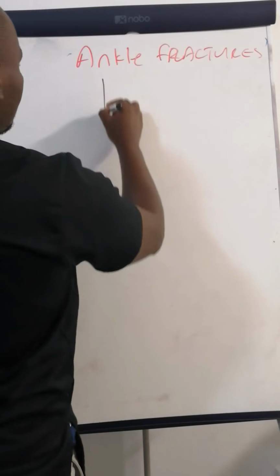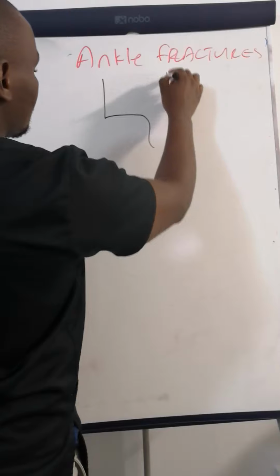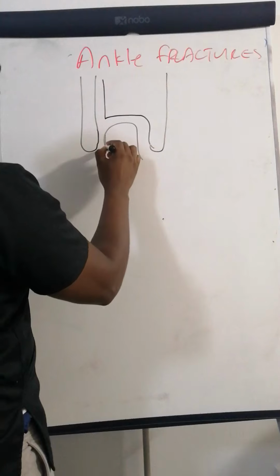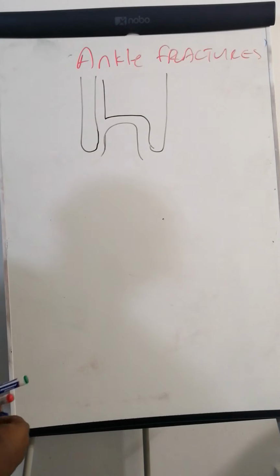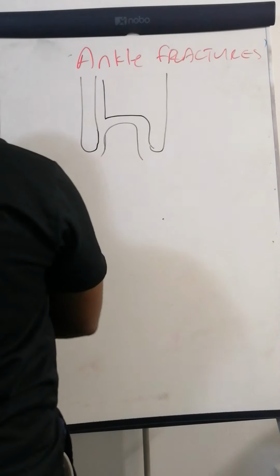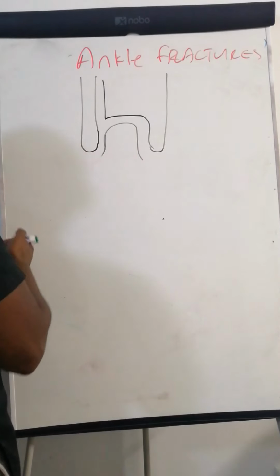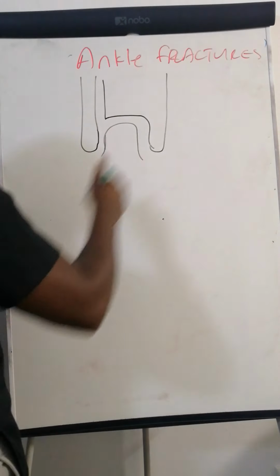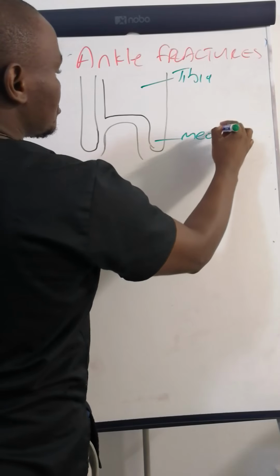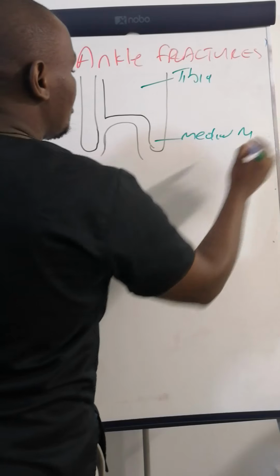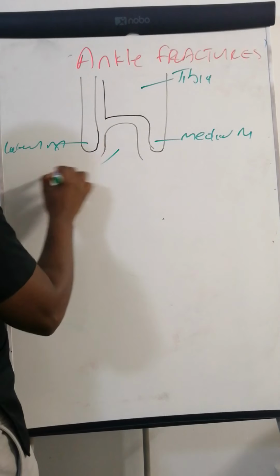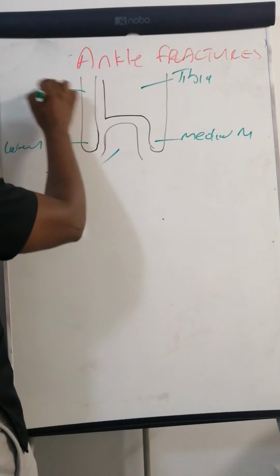Just brief anatomy. These are the bones that make up the ankle, namely the tibia, the medial malleolus, the lateral malleolus, and then we've got a talus here, and we have a fibula here.